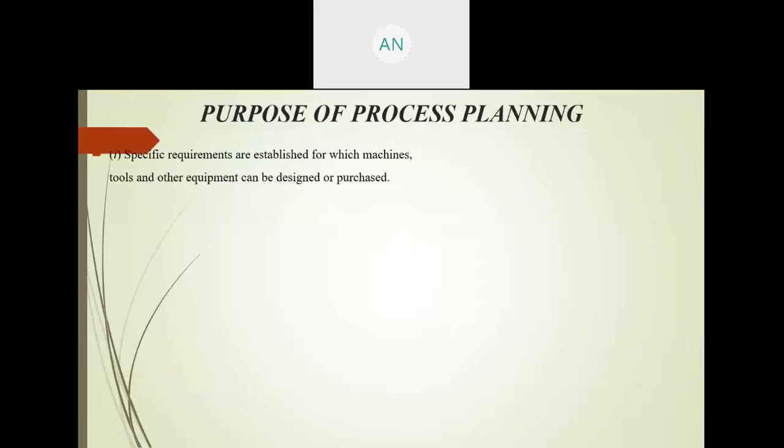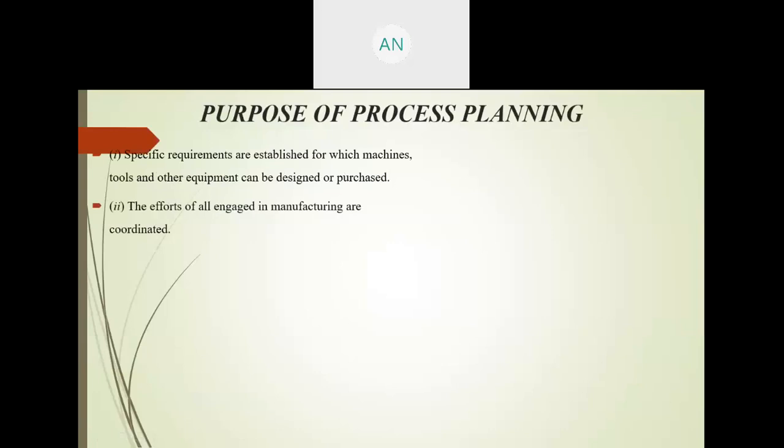The first purpose is to establish specific requirements, that is, which machines, tools and other equipment can be designed or purchased. When you plan, you can easily identify which types of machines, tools and equipment need to be designed or purchased to make this product successfully.